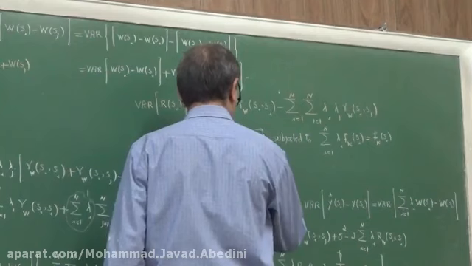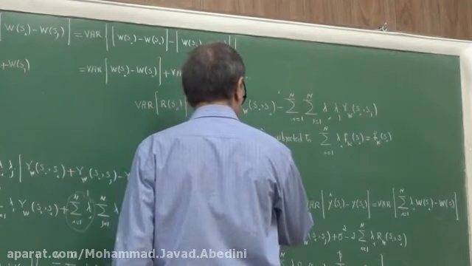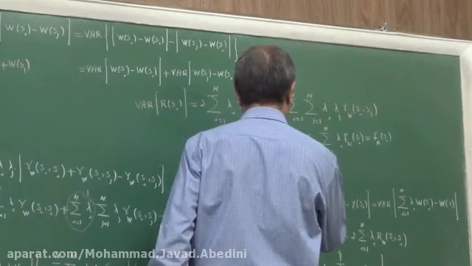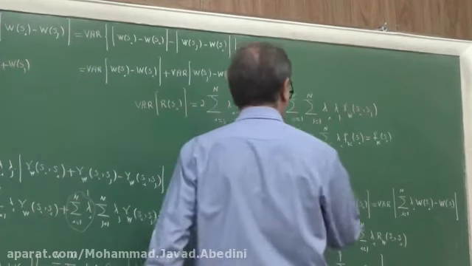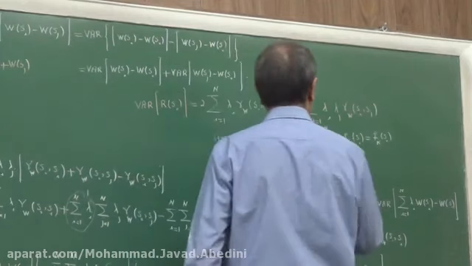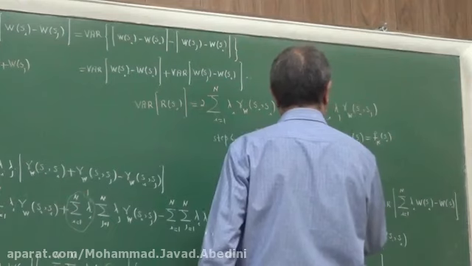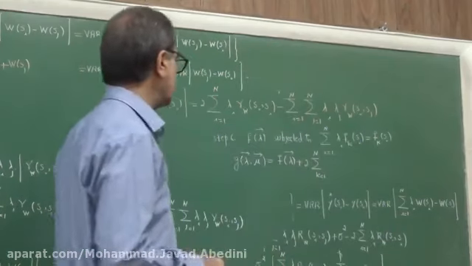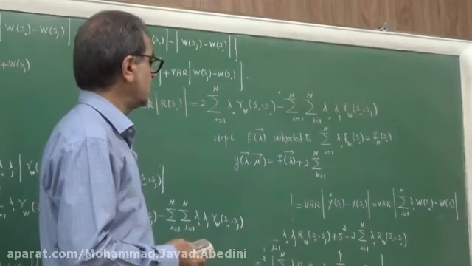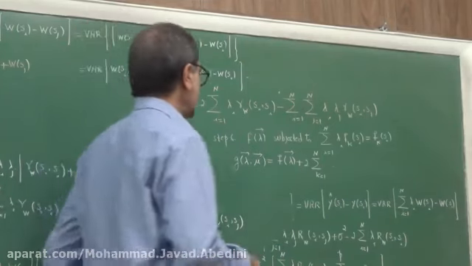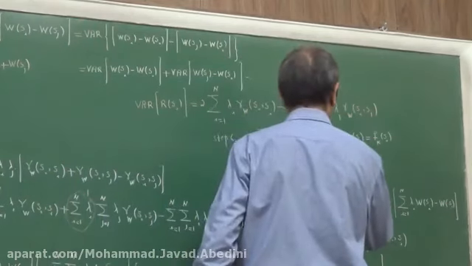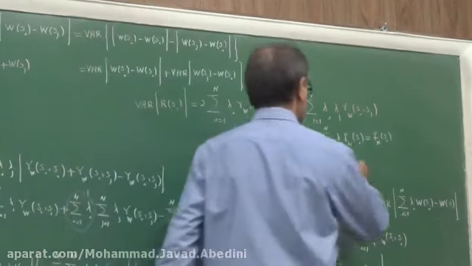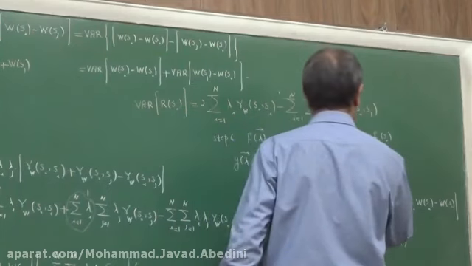Take a new objective function plus 2 summation k from 1 to n mu sub k times this.